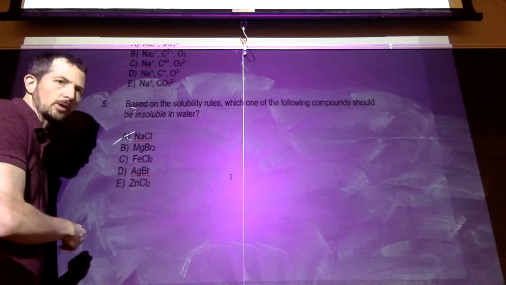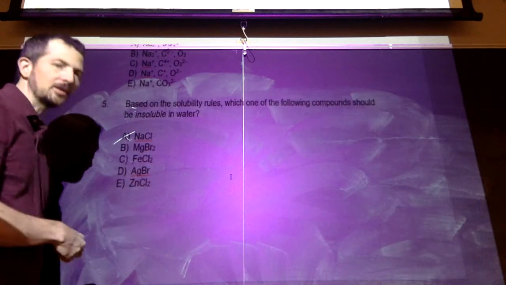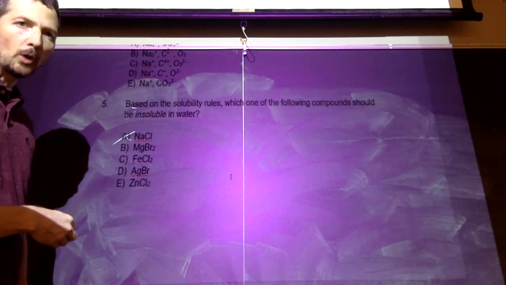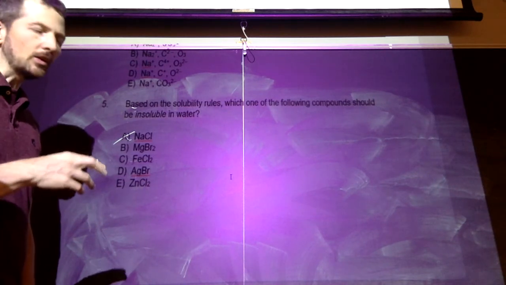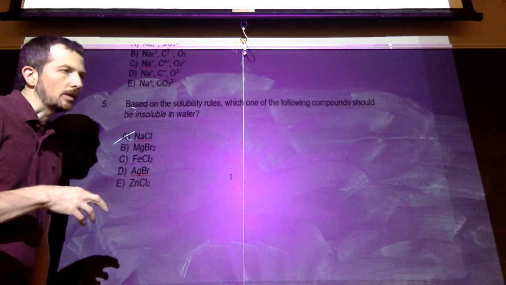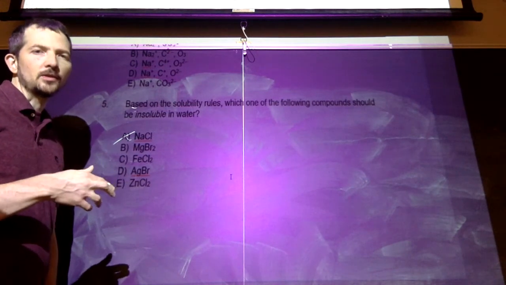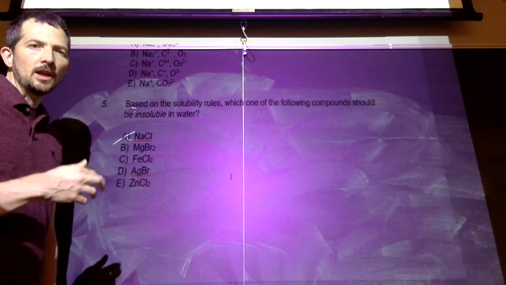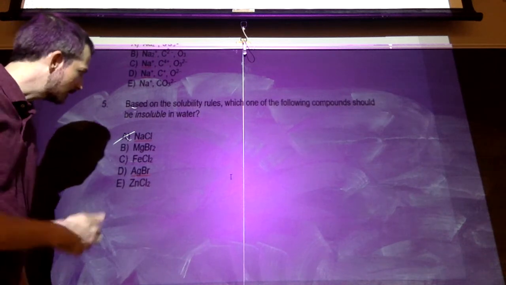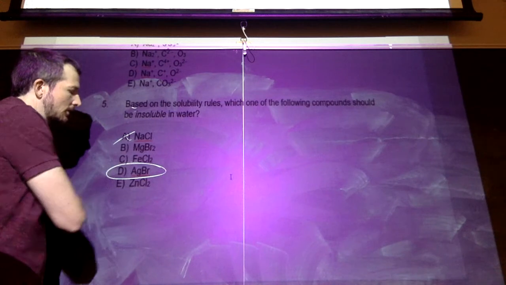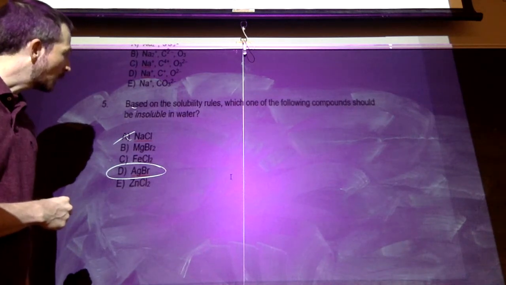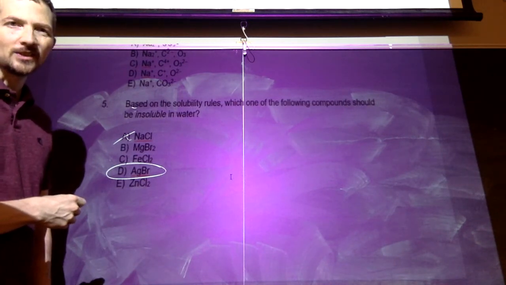Now these other ones are group 1. All the counter ions there, the anions, are bromides or chlorides. So if I look at bromides and chlorides in solubility rules, it'll state that chlorides and bromides are generally soluble unless it's silver, mercury, or lead. So if I look at this list here, I have one that's silver. So silver bromide would be one that's insoluble in water.